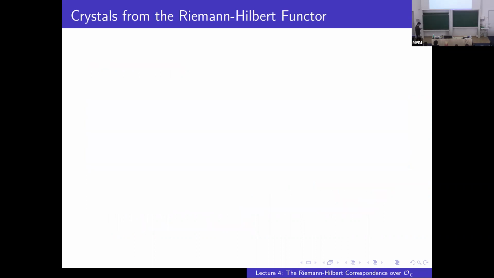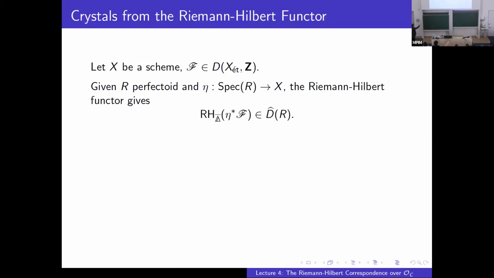Okay, so what's the point of this definition? The point is that our Riemann-Hilbert construction from the previous lecture gives us lots of examples. So let's say X is any scheme and F is some étale sheaf or complex of étale sheaves. Then anytime you have a map from the spectrum of a perfectoid ring into X, you can take your sheaf F and pull it back along that map to get a sheaf on spec R, and then you can apply the construction of the previous lecture to get a complex of R modules.